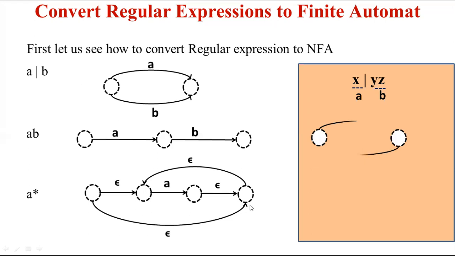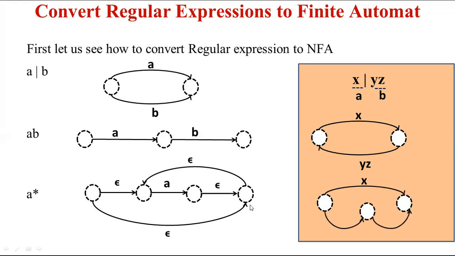First transition we label with x and the second transition we label with yz. And next, we have to break down the yz into back-to-back components like this by including one more state in between and represent the transition like this.